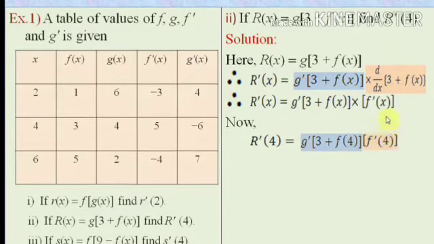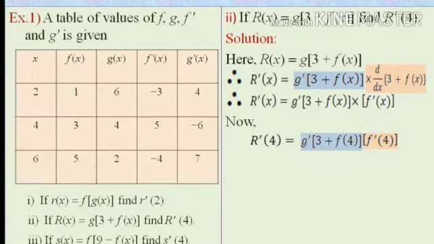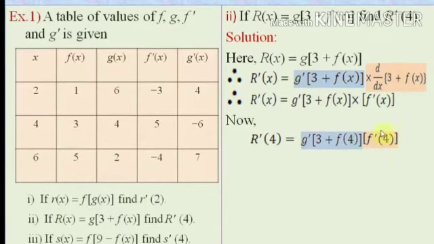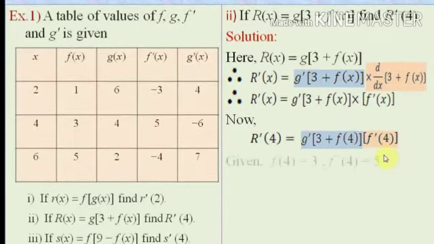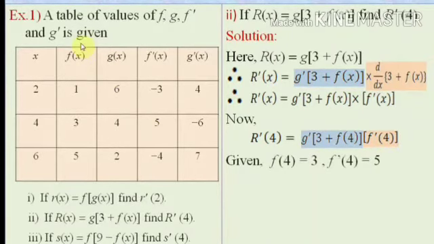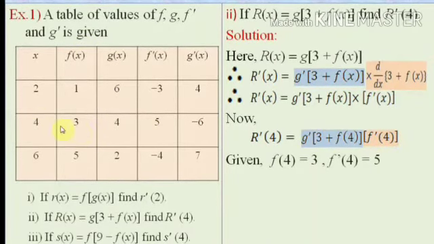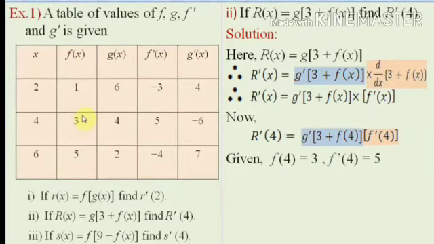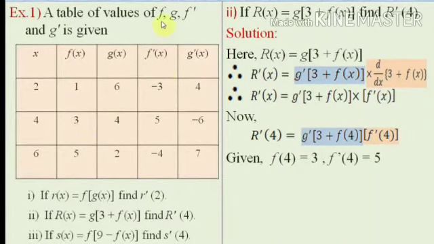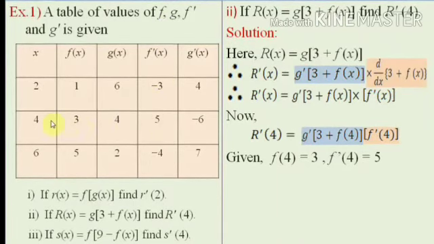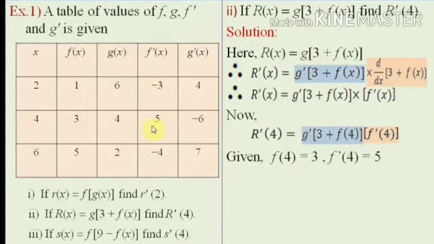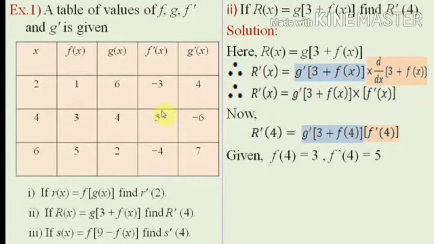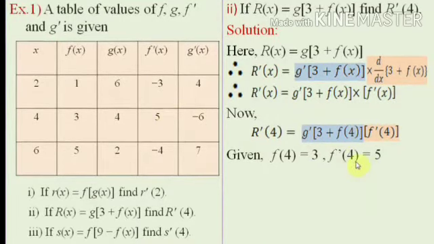Okay, now here in the table, for f of 4, take the second column and third row, the value is 3, and therefore f of 4 equals 3, and for f dash of 4, taking the fourth column and third row, the value is 5, and therefore f dash of 4 equals 5.